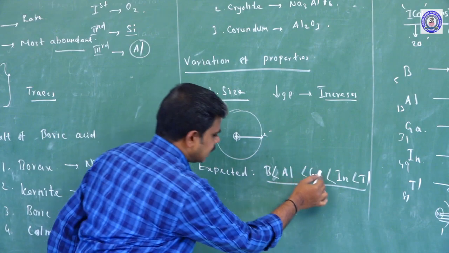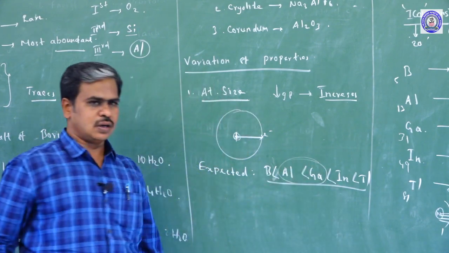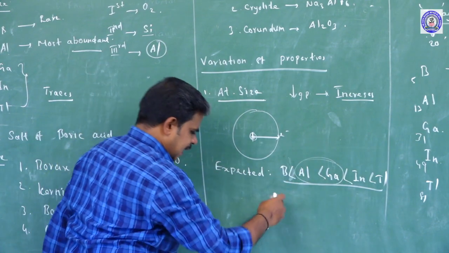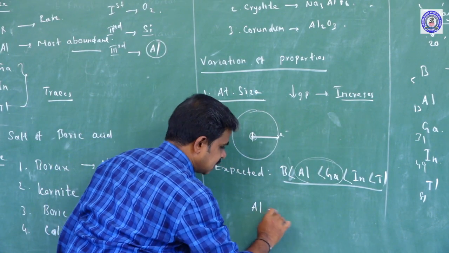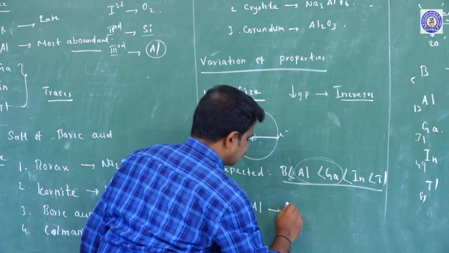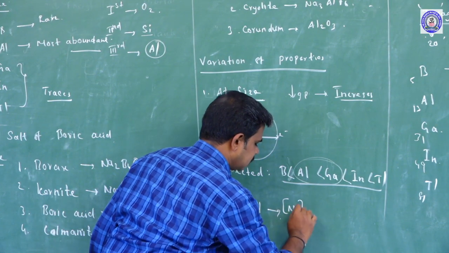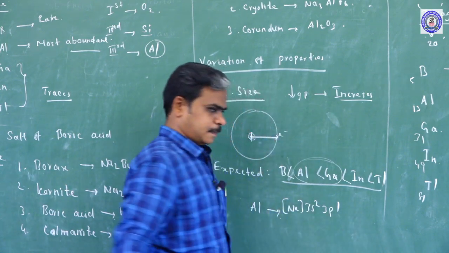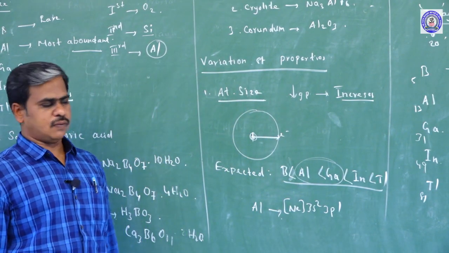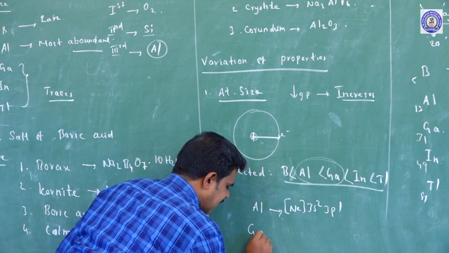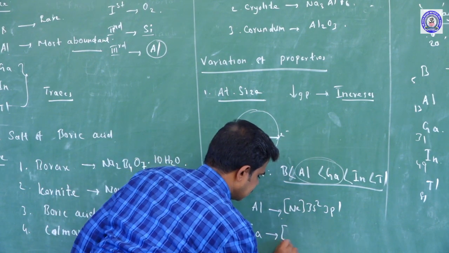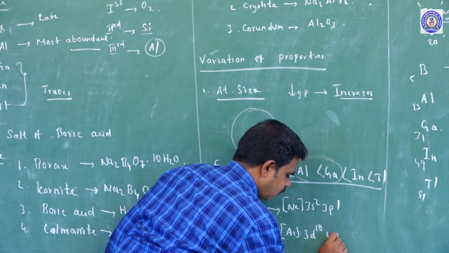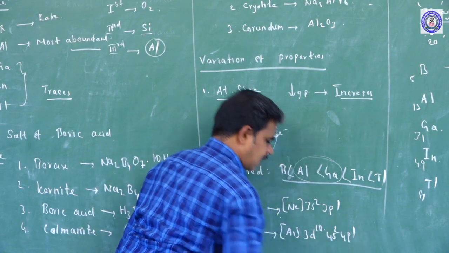There is a deviation in aluminum and gallium. In the case of aluminum, the electronic configuration is neon 3s2 3p1. In the case of gallium, it is argon 3d10 4s2 4p1.